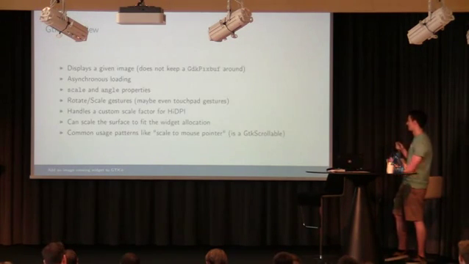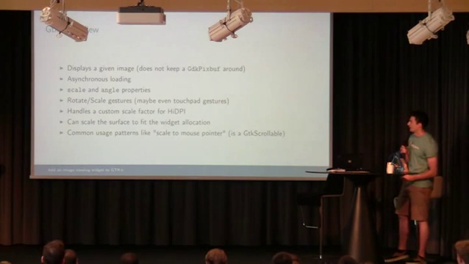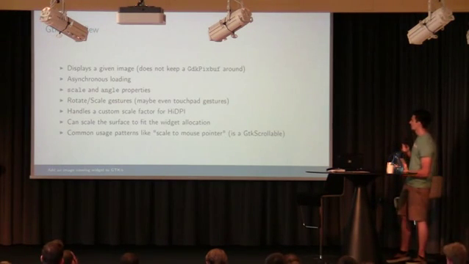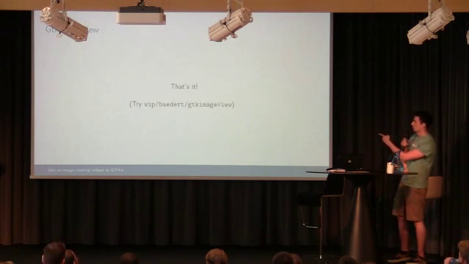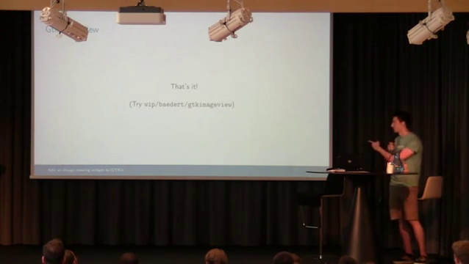Yes, because it's a GDK scrollable and GDK widget subclass, and I think that's it. And I have a work in progress branch if you want to check that out, unless I put something stupid like last time.